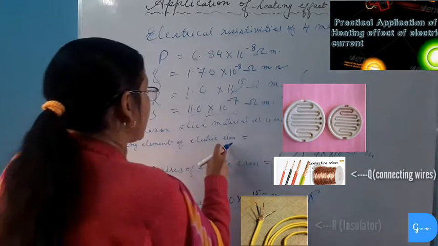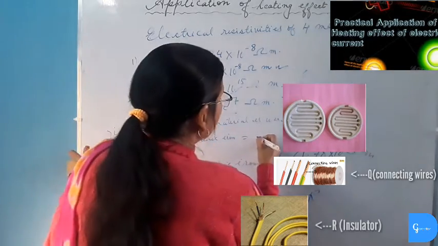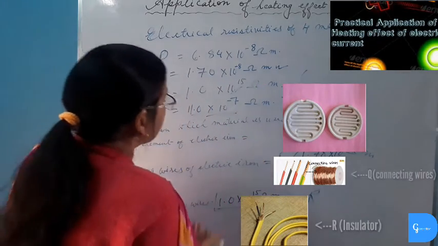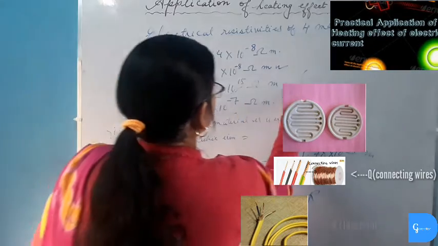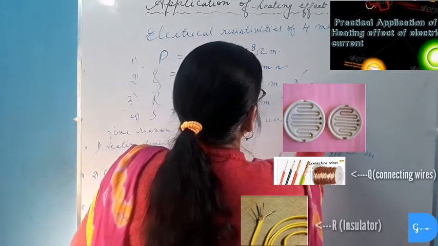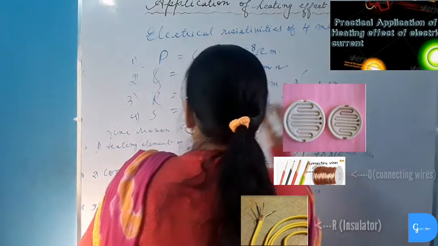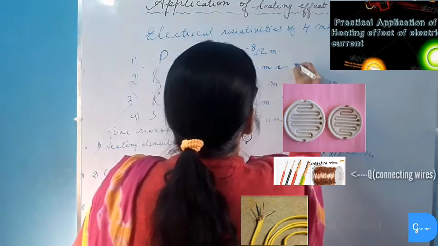The heating element of an electric iron must be a metal alloy, that is nichrome, and nichrome has a resistivity between insulators and pure metal. This is the insulator and this is copper.